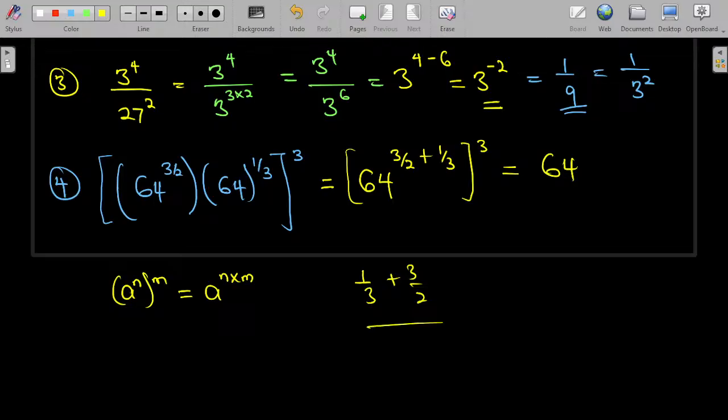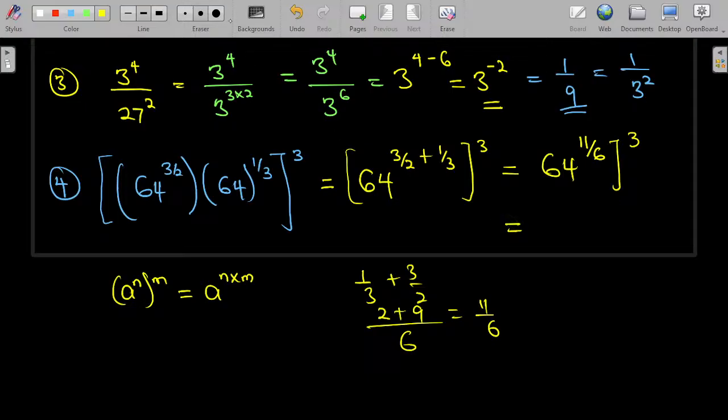The LCM is 6. Then here we will have 3 into 6 is 2, plus 2 into 6 is 3. So 3 times 3 is 9. So here we'll have 11 over 6. And so that's going to give us 11 all over 6, all raised to the power of 3.